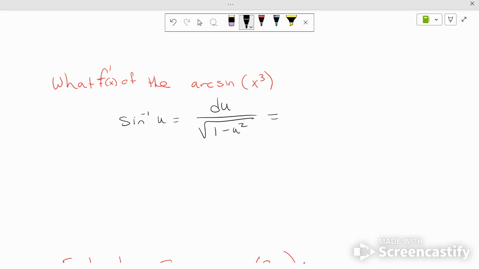So how do we do this? What's du of that function? 3x squared over the square root of 1 minus x to the 6th.